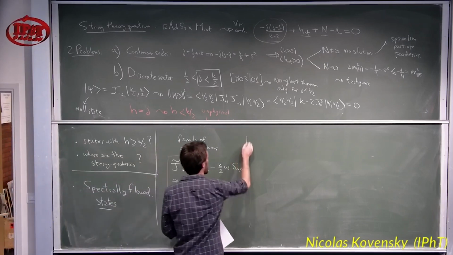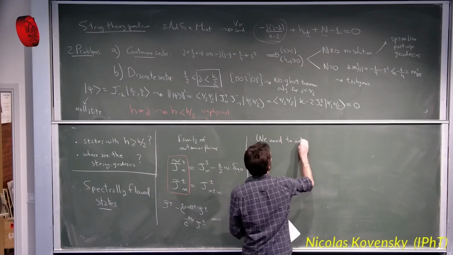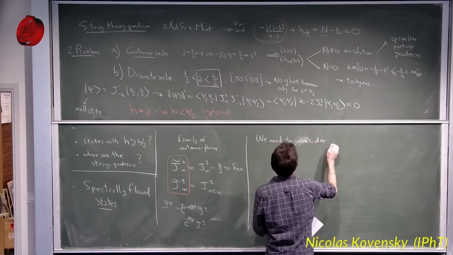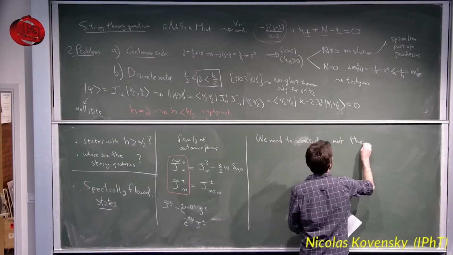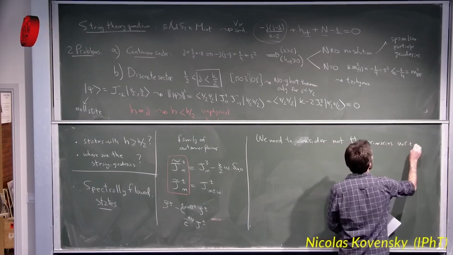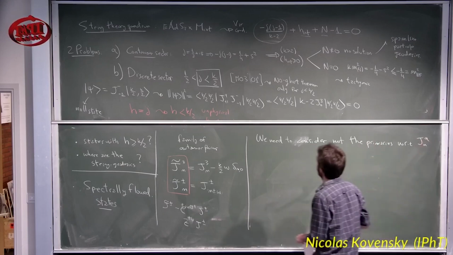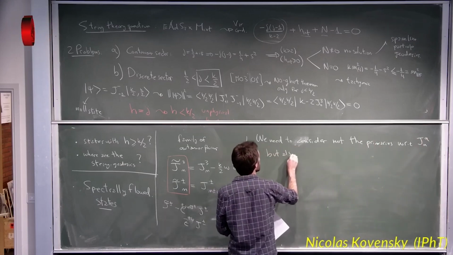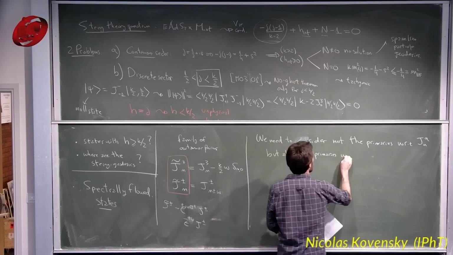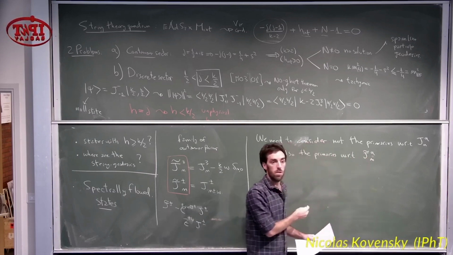And so the thing that we need to consider is not only the primaries with respect to the currents J^a_n, but also the primaries with respect to any possible current with a tilt.